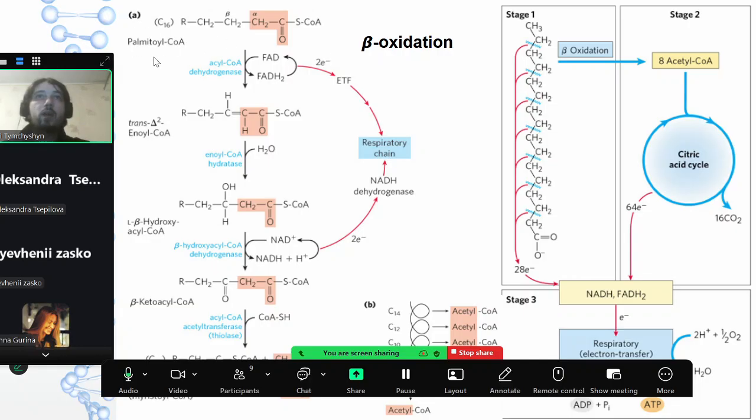Here is the palmitoyl-CoA. It has 16 carbon atoms, and it is connected to the CoA. And here are the steps.